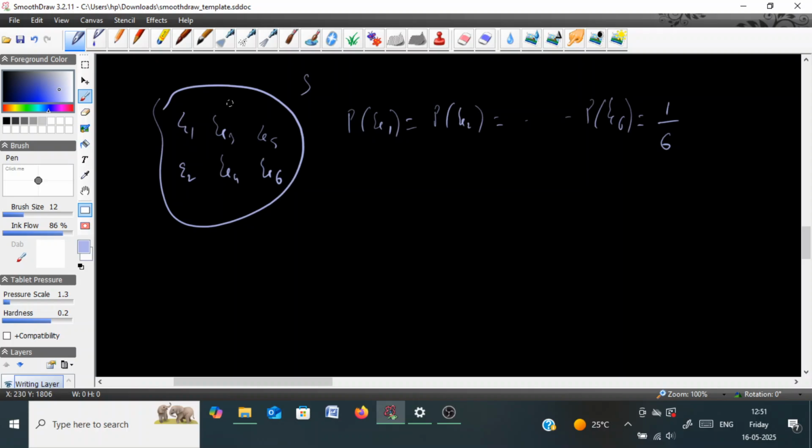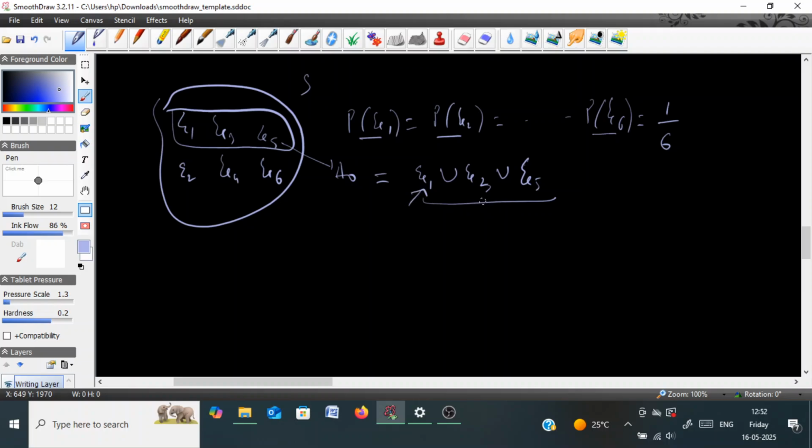And if you define certain events, like this event A naught, where the probabilities are those of individual elementary outcomes, A naught is nothing but the union of these three events, zeta 1 union zeta 3 union zeta 5. The probability of each is 1 by 6.